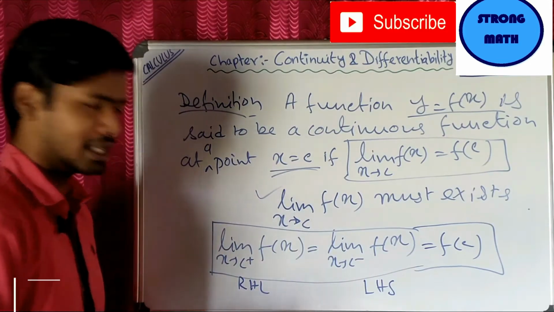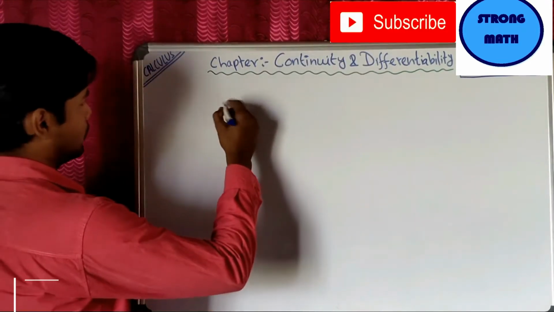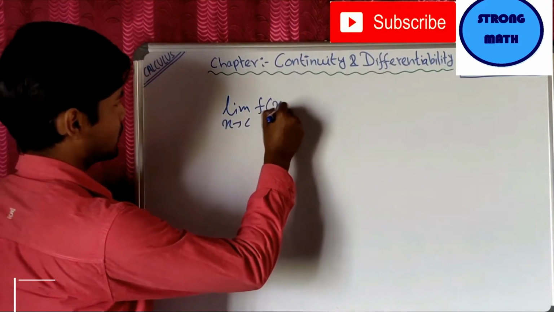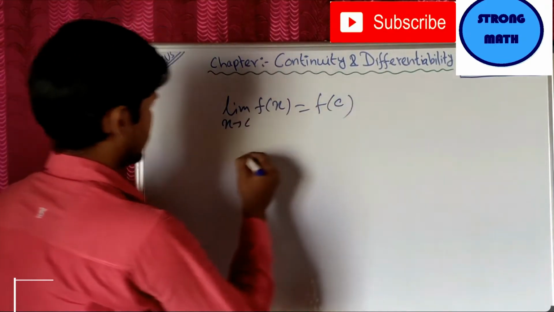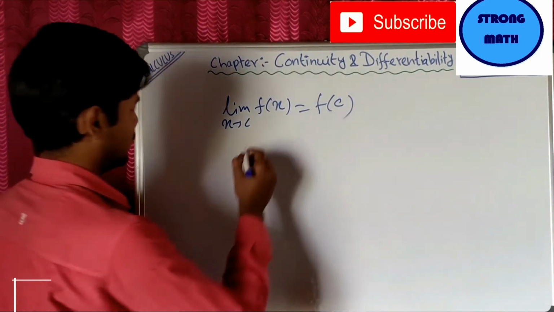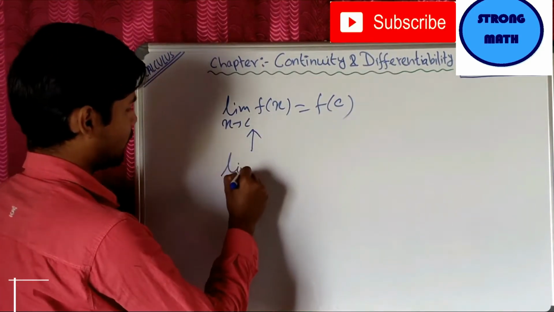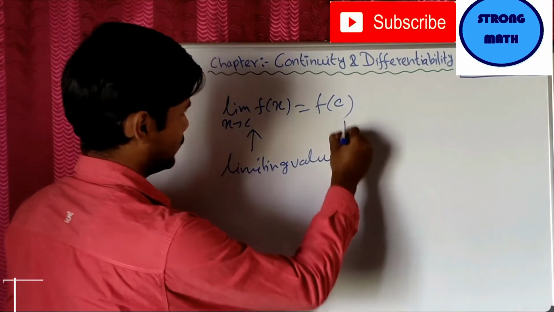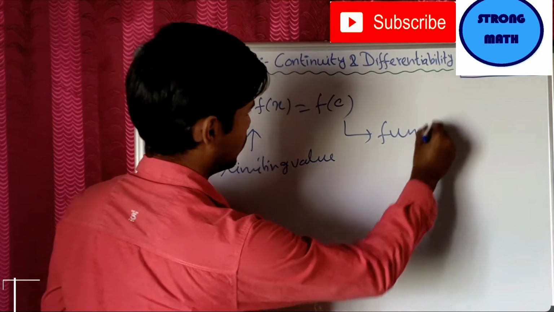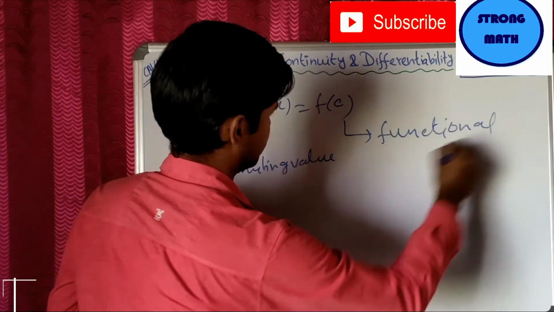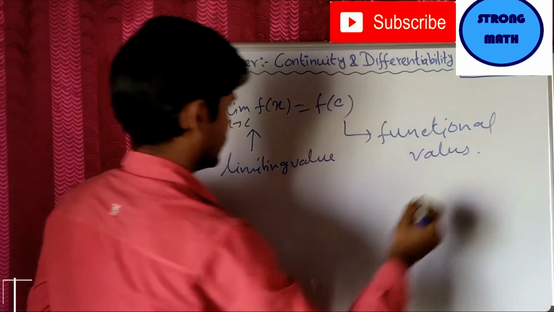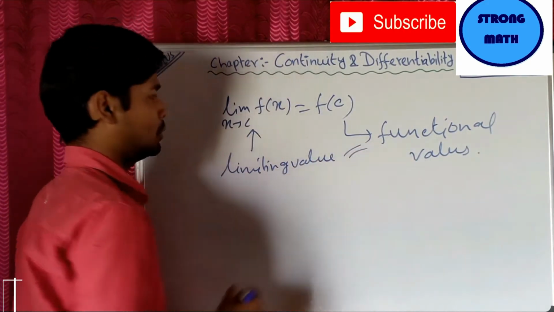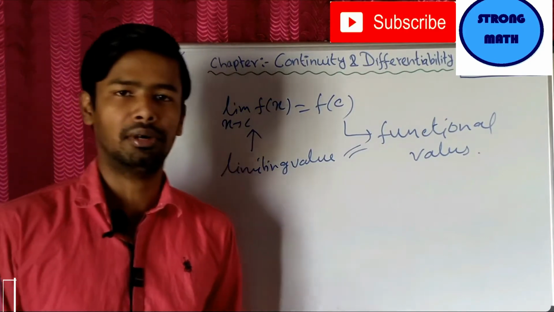Simply, if limit x tends to c of f(x) equals f(c), then the function is continuous. This is the limiting value of the function, and this is the functional value of the function. If the limiting value equals the functional value, then we say that the function is continuous at that point.